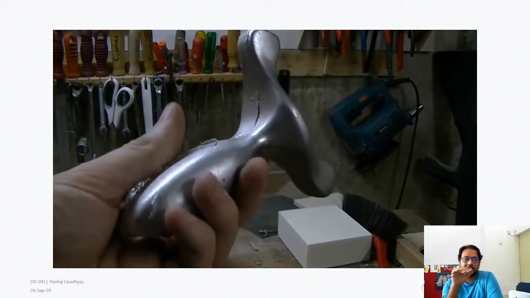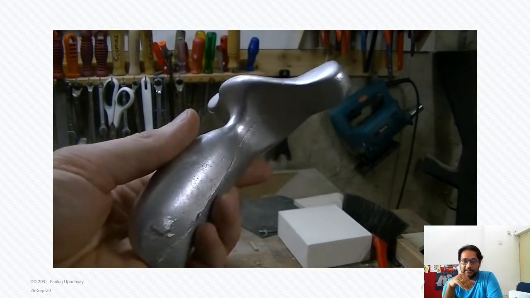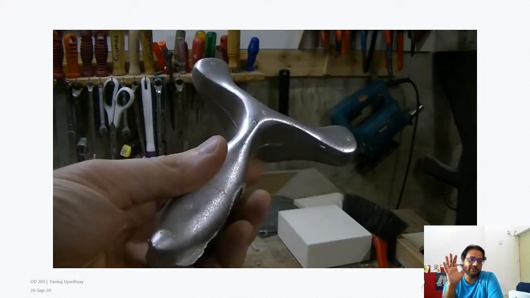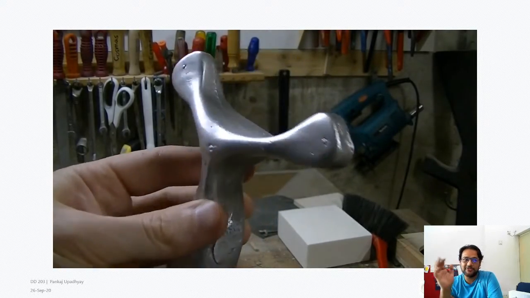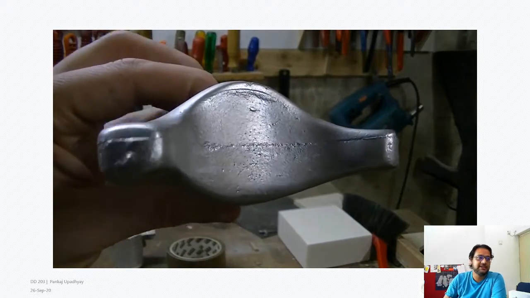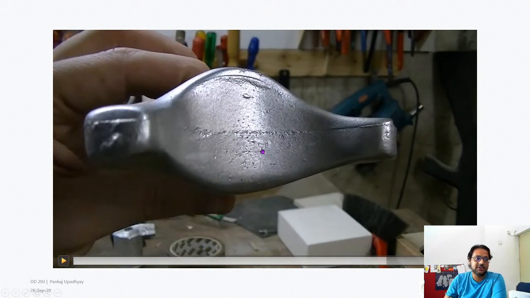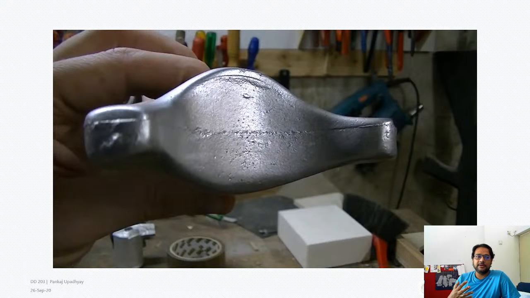Now the gate and the pouring place, I'll call it the pouring place right now, that is chopped off, and this is what you get. And you can see the small blemishes that are there. They may have been created either by sand falling into that place, or some amount of excess water vapor which became trapped in the sand, or air or water vapor.